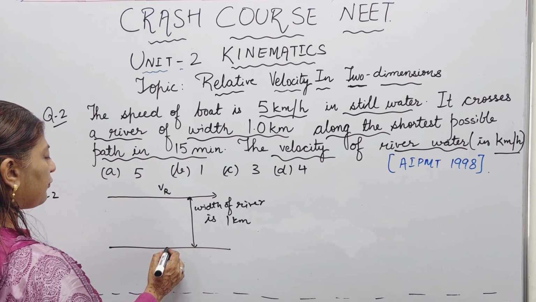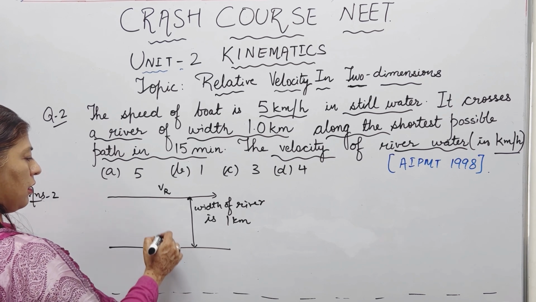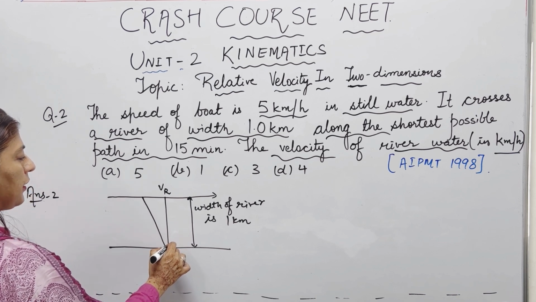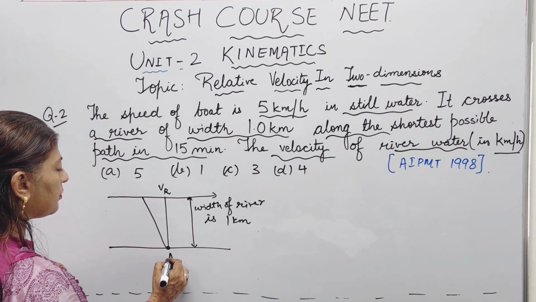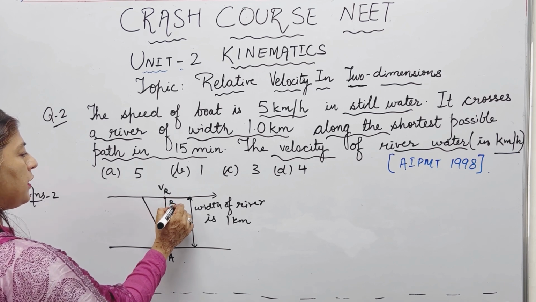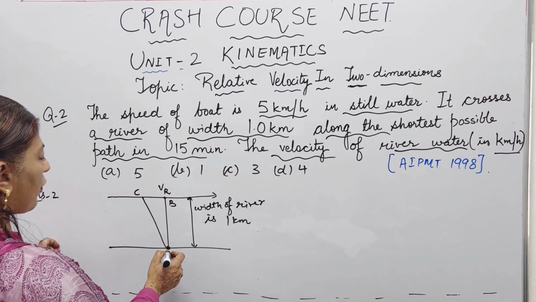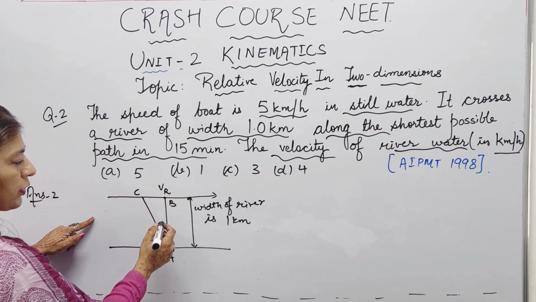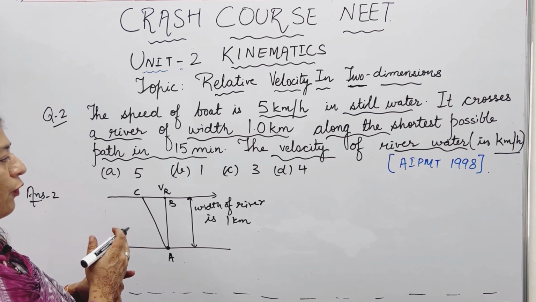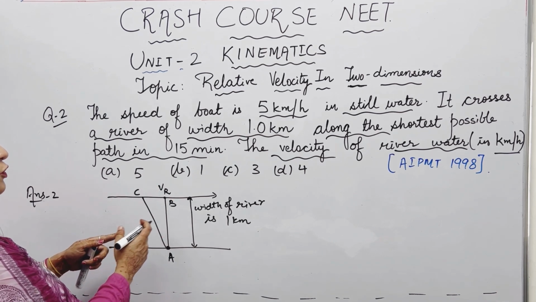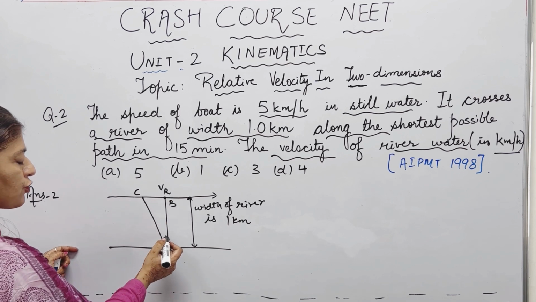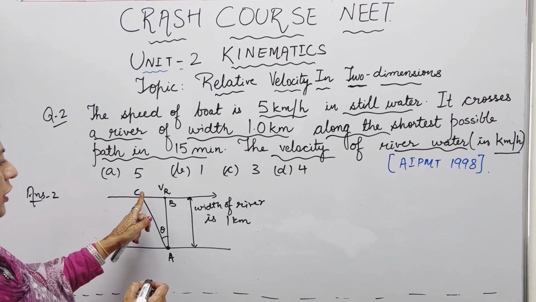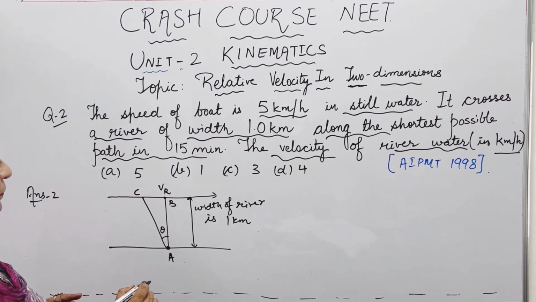So let here from here the boat is covering it through the shortest possible path. Let this point be A, this point B, and this point C. So shortest possible path is along AB, but river water is there, so the river speed will be added up. So to reach at point B, it has to shift by some angle, say theta, towards the west side to reach at the desired position B.